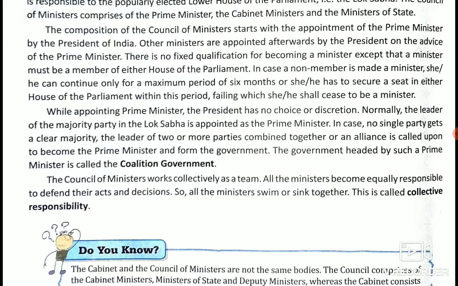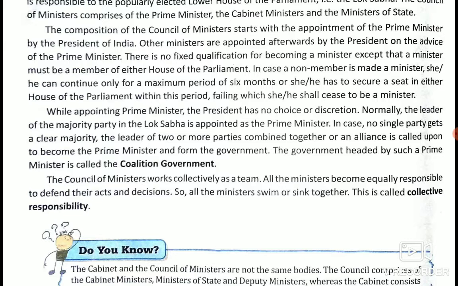For example, if some person becomes a minister and is not a member of Lok Sabha or Rajya Sabha, within 6 months one has to become a member of either house. It is compulsory. Otherwise, his or her power will be taken away.